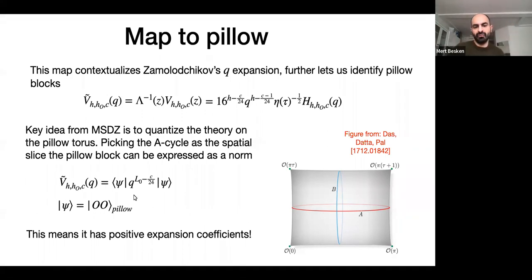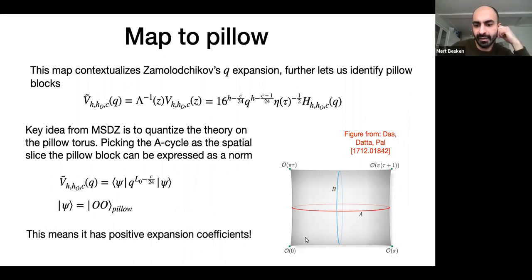So the good thing here is now we have a torus. If you have a torus, then you can prepare states on a spatial cycle here, and then interpret the correlator as the action of some propagator along the torus. And then you can write down this pillow block and the pillow correlator as some norm.